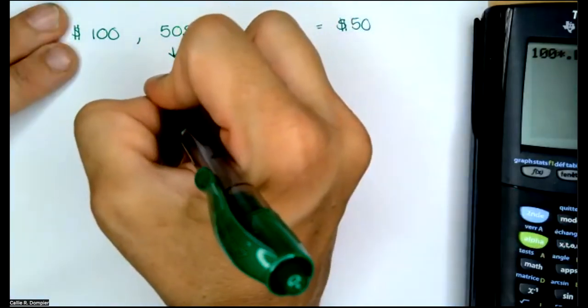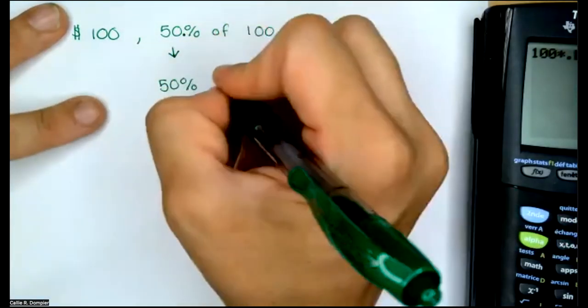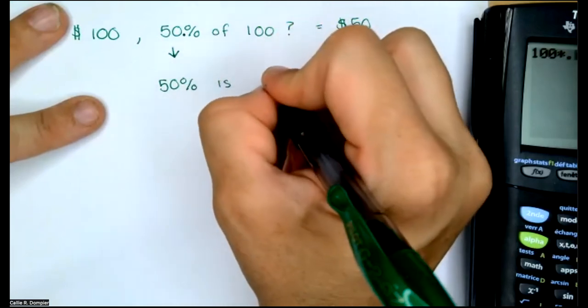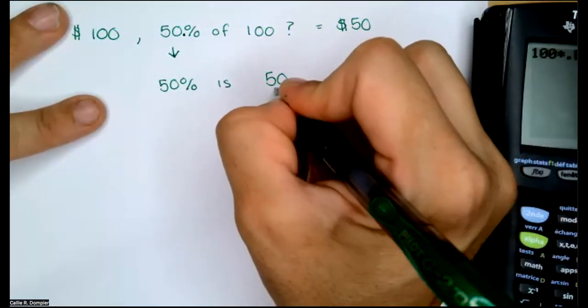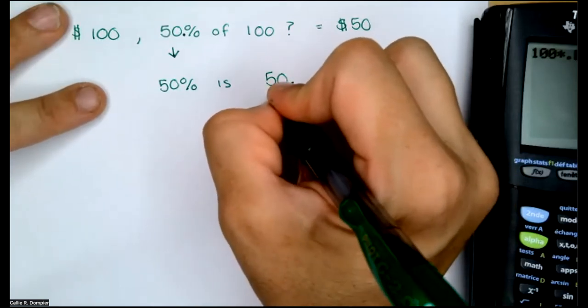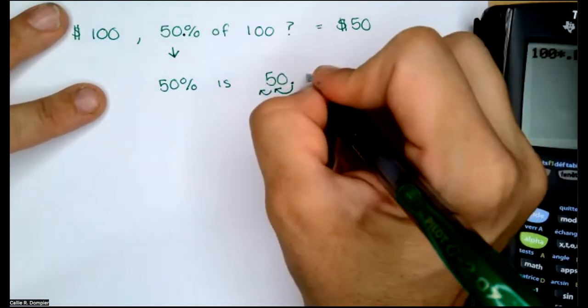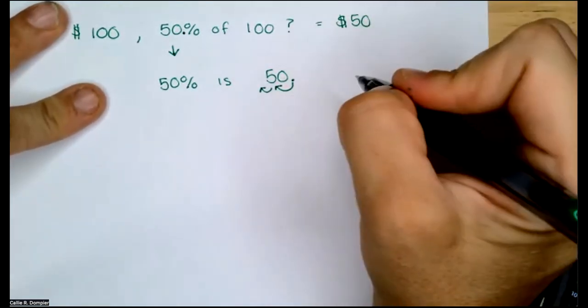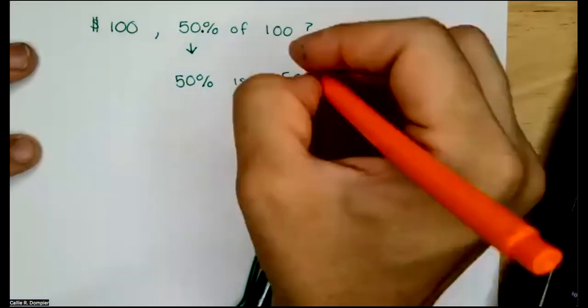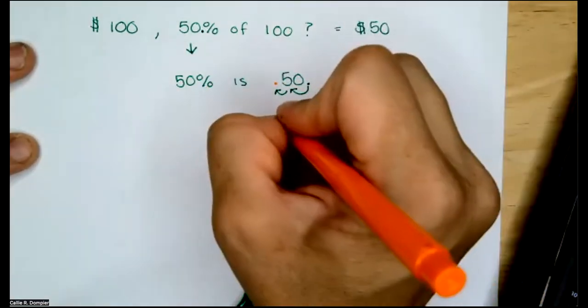Good. So 50% as a decimal is, you write that same 50 with the decimal point here, you move the decimal to the left 2. Good. So 50% is 0.5.